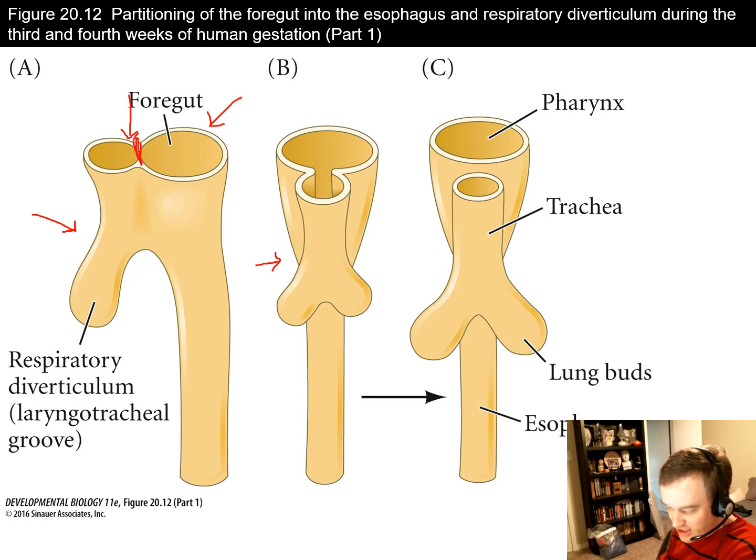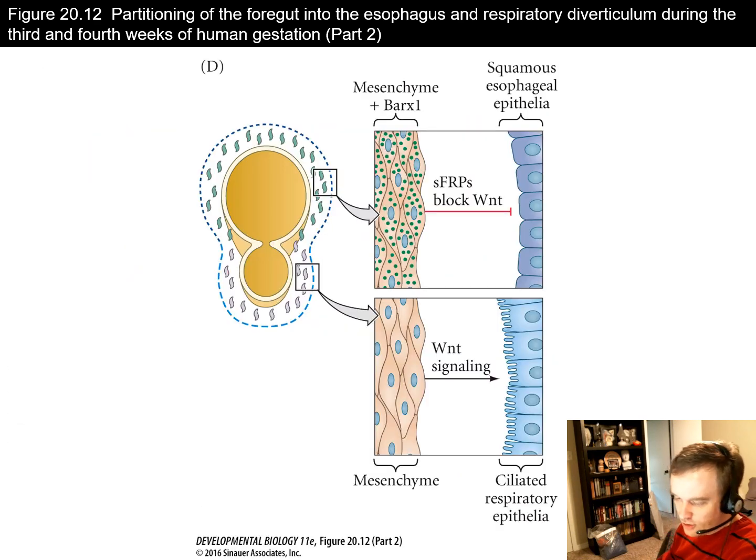Eventually you have 2 independent tubes, with the pharynx at the very top of the esophagus and the trachea, and then the eventual beginnings of the lungs, starting with these lung buds. Just like everything else we've talked about, there are a few genes involved in this, and these paracrine factors repress or allow expression of these Hox genes or developmental genes.